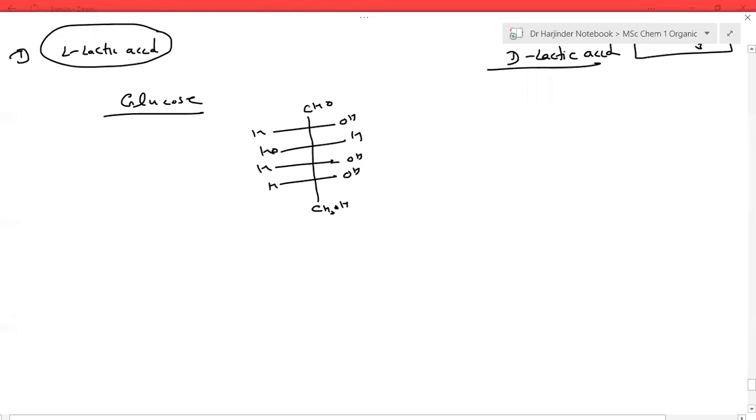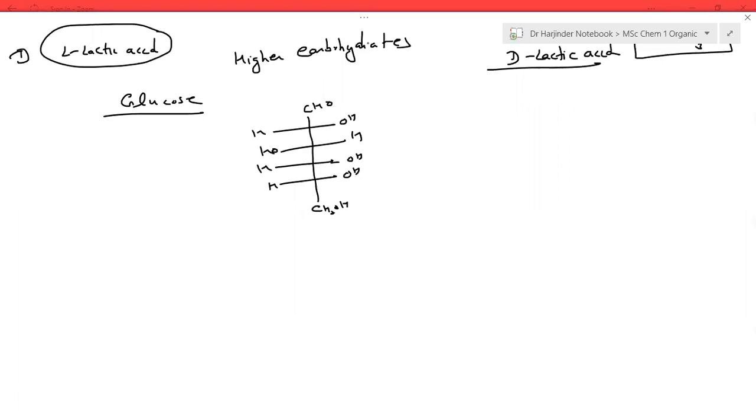Now, while assigning configuration to higher carbohydrates, at which carbon should we look at the position of the hydroxyl group? The lowest carbon or the uppermost carbon? Lowest carbon.